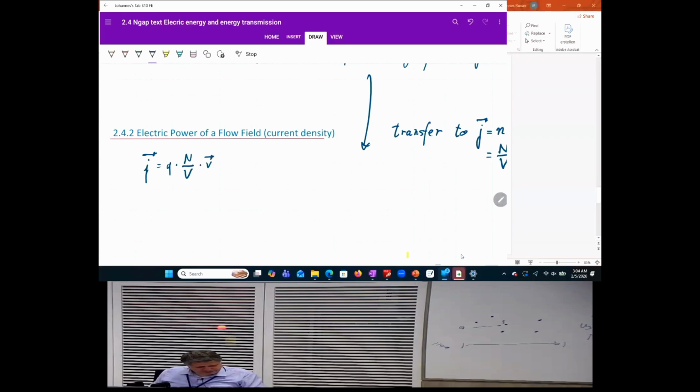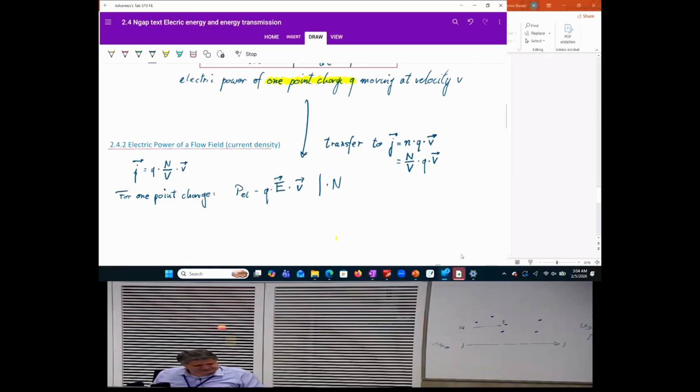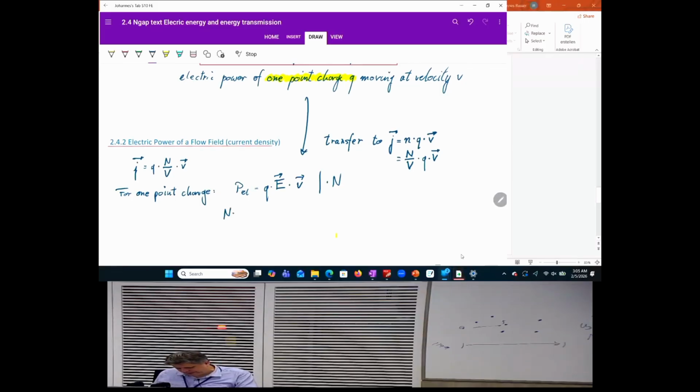This is the velocity. And for one point charge, what is the electric power? Just take that from above: charge, electric field it is moving through, and velocity. And now we want to see what happens if we expand that here with the total number of carriers. Then we get the number of carriers times this differential power contribution. That would be then charge times total number of carriers times the electric field times the velocity vector.